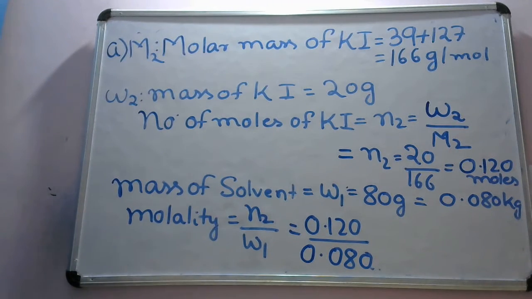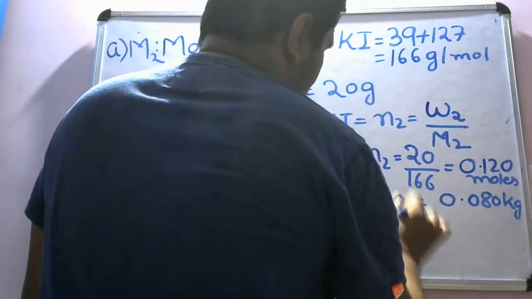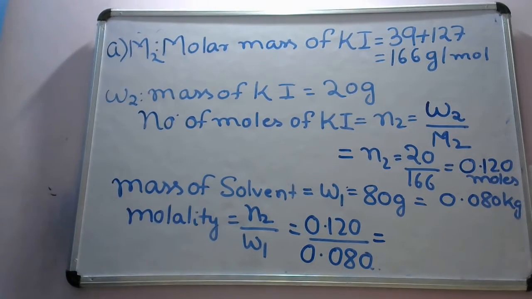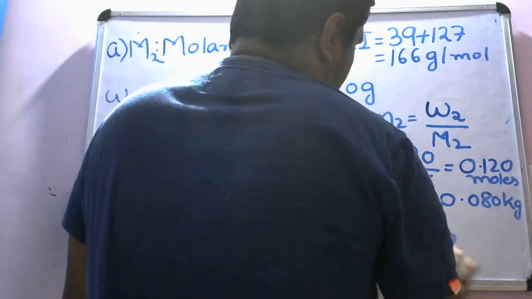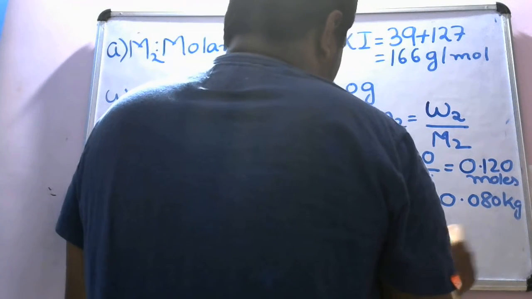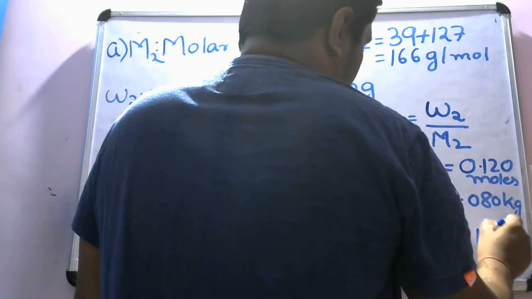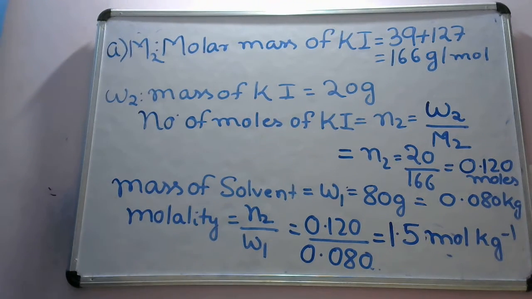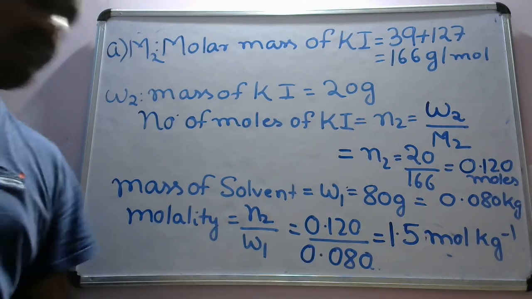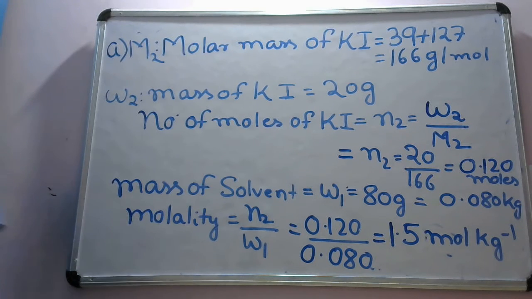So after substituting, if we calculate, you will get 1.5 moles per kg, mol kg inverse. That is the unit of molality. Because this is number of moles, below is kg, so mol kg inverse. So we got the molality. The first part is over. Now we will go for molarity.